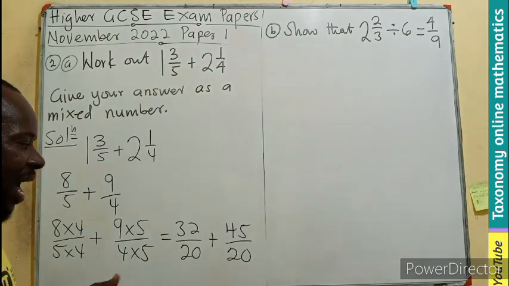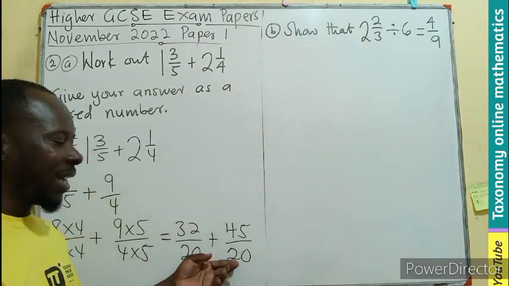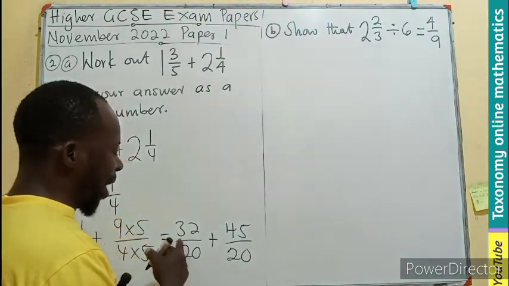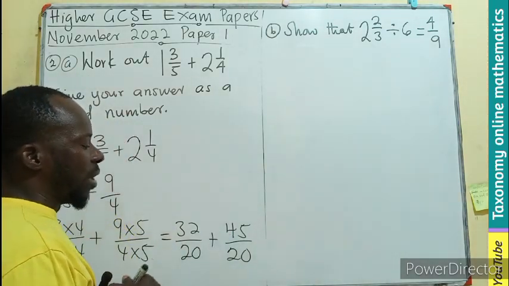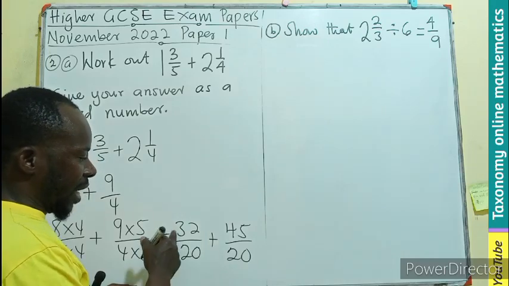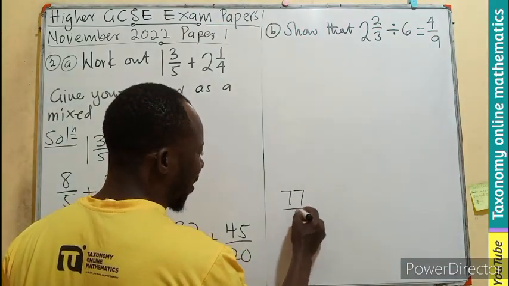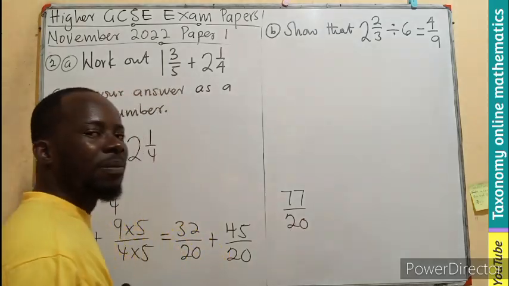So you can see now that they have the same denominator, we can deal with the numerator as addition. So that means I'll be having 32 plus 45, that will be 77, right? So we're having 77 divided by 20.